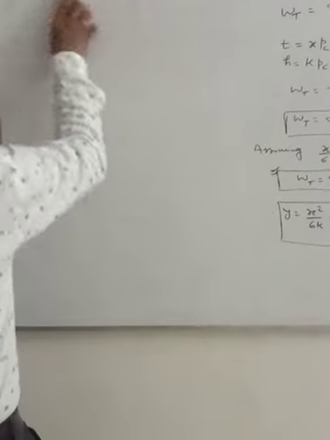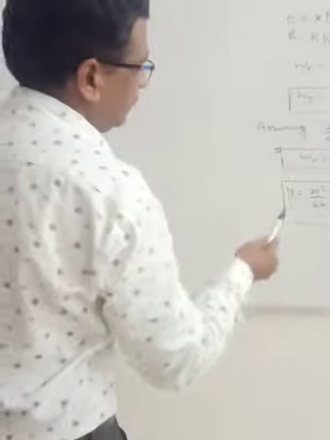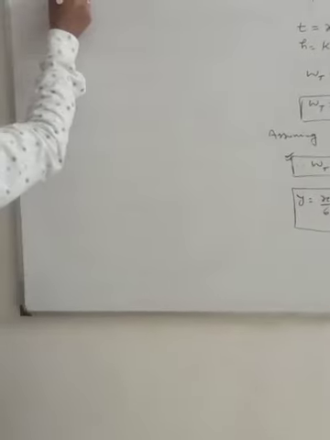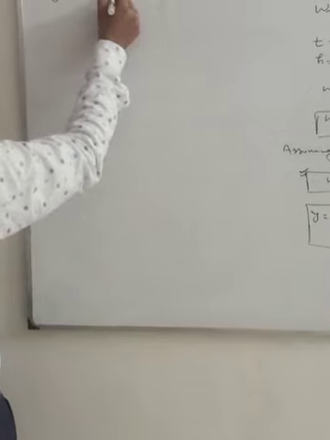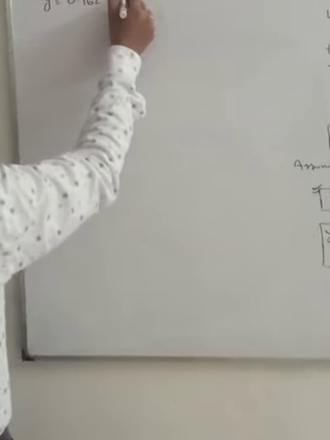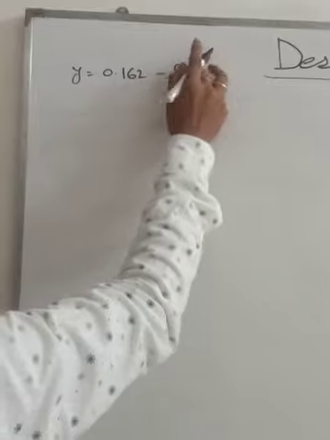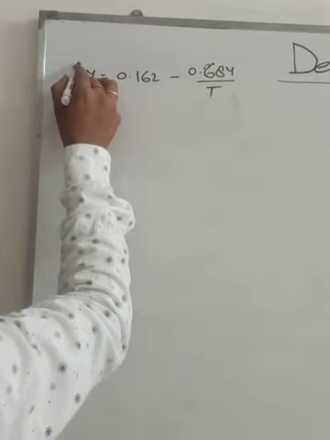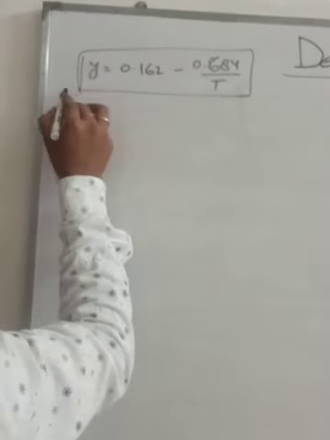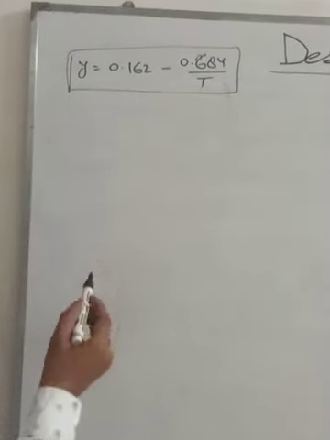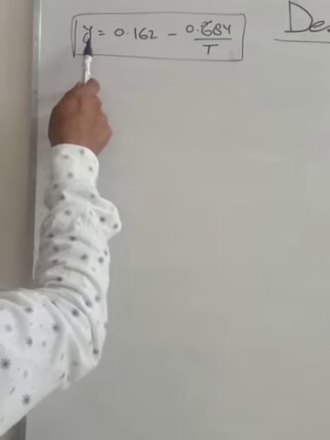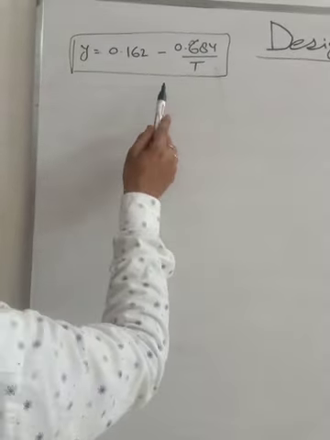But from a numerical point of view, we can use the value of y as 0.162 minus 0.684 upon T. This can be used for our design purpose, or we can also find the value of this Lewis factor from design data books.